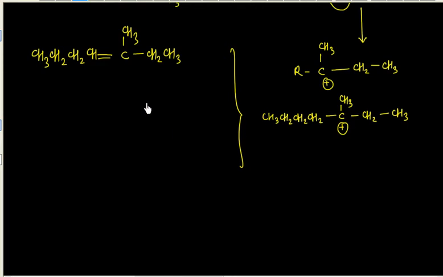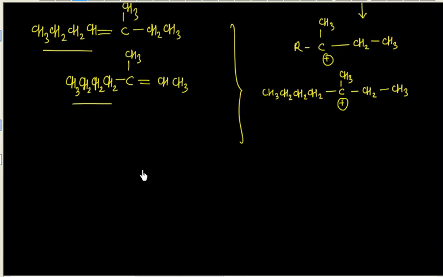Another possibility from this side: you have 4 carbons here, 1 2 3, and this is 4. Now another possibility from this side: you have CH3 CH2, and this side will have CH2 CH3. So there are three possibilities.